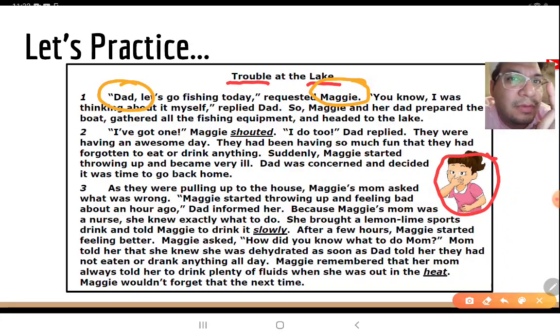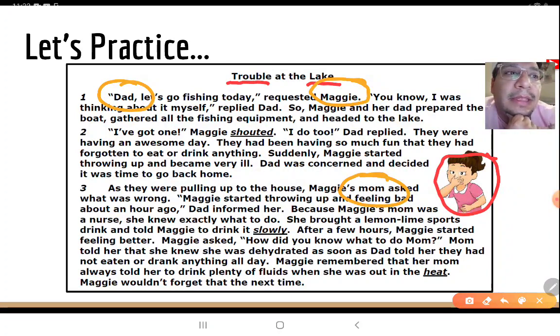Think about it. Exactly, the mom. So we've got Maggie, which is the main character. We have Dad and Mom. Those are the characters in the story.